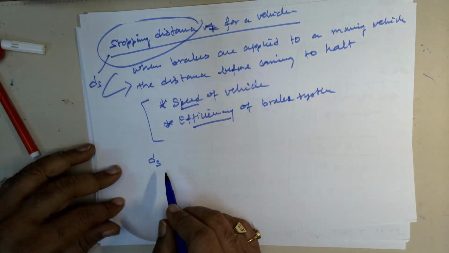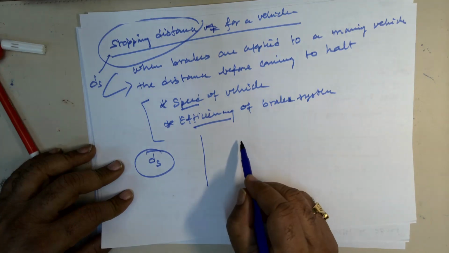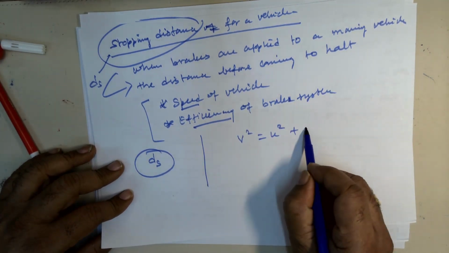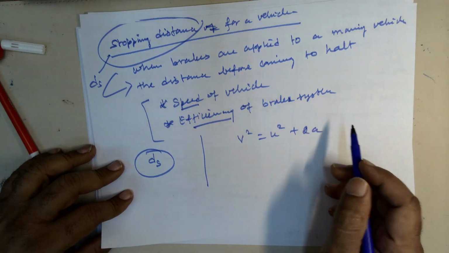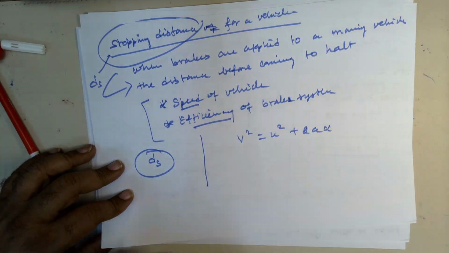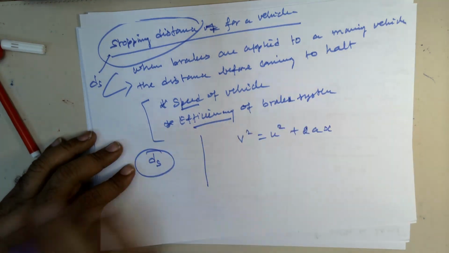and now we know the formula v square is equal to u square plus 2as. Let me assume that it is moving in the x direction, so let me replace this s by x.